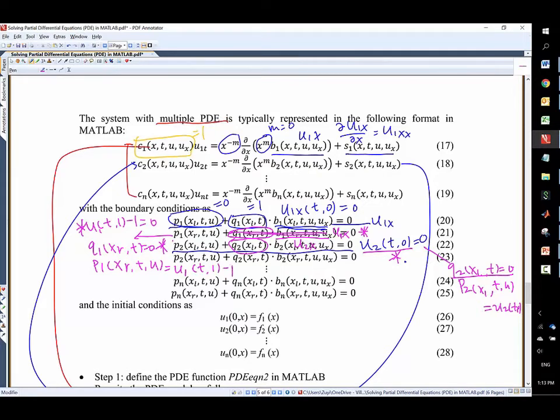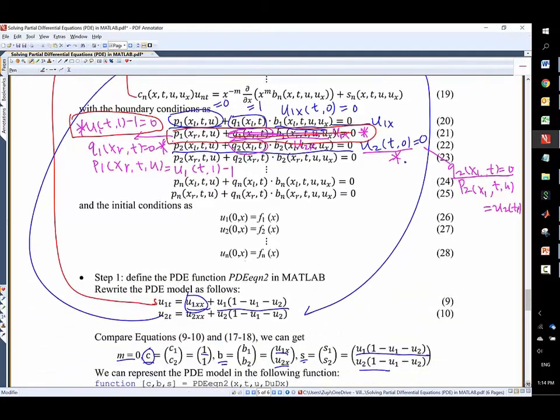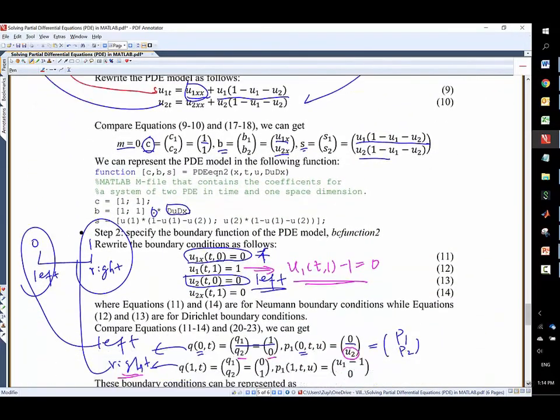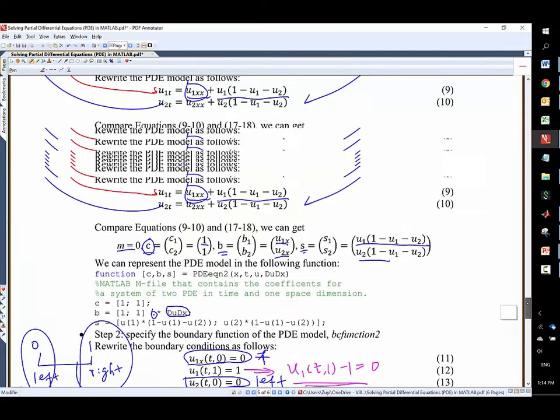I use the red color: these two equations should be the same. You can see we will get p1 times u equal to u1 t1 minus 1. And this one is equal to 0, so therefore on the right hand side you get p1 times u1 minus 1, and then q1 equal to 0.